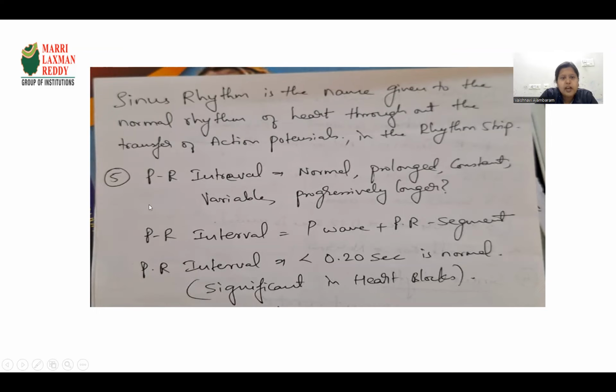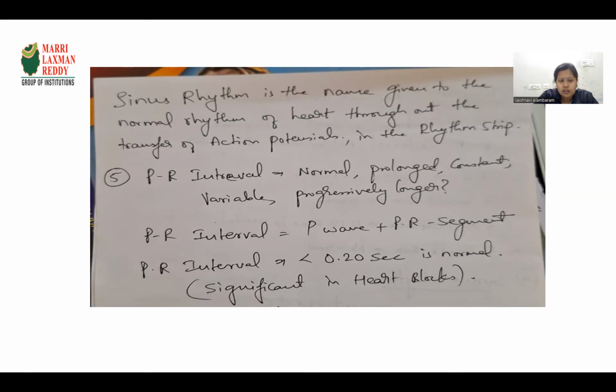The next one is the PR interval. What is its representation? The PR segment is due to slow conductivity of the AV node, about 0.1 seconds is normal. If the PR interval is prolonged, it is significant in the case of heart blocks, the different types of first degree, second degree, third degree heart blocks.